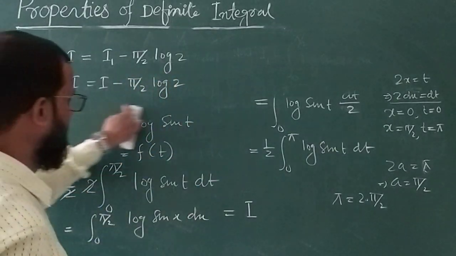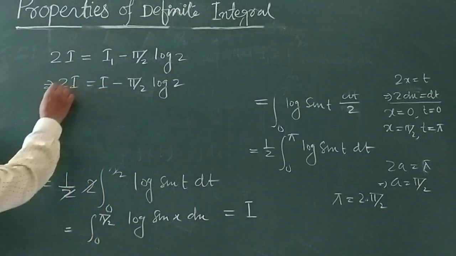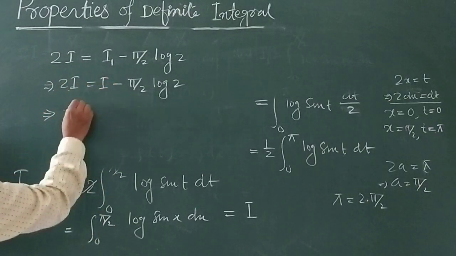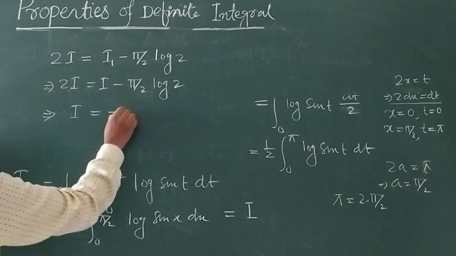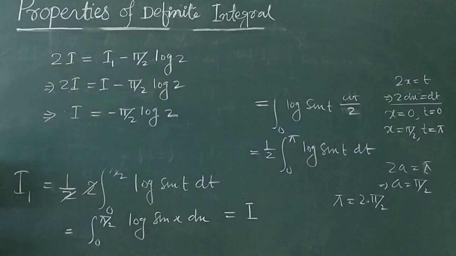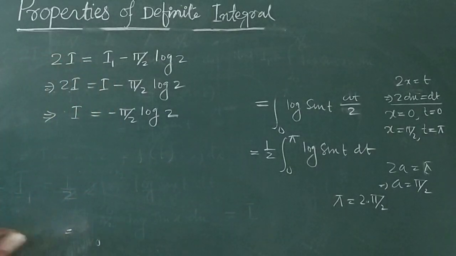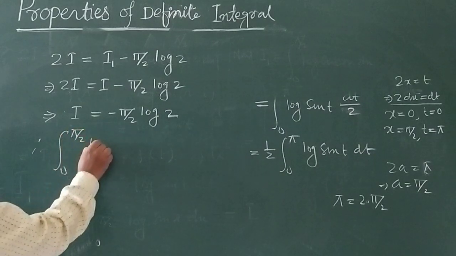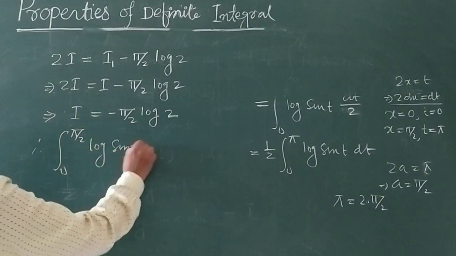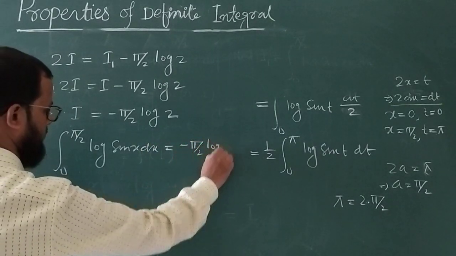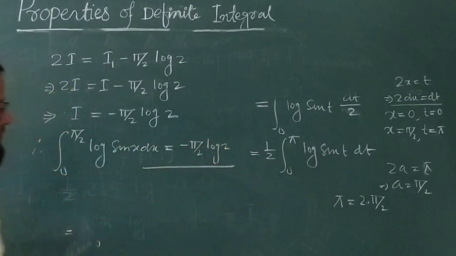Finally, picking up I on the left hand side, 2I minus I is equal to I, which is equal to minus pi by 2 log 2. And your I was the integration 0 to pi by 2 log sin x dx, equal to minus pi by 2 log 2. This is the final answer.